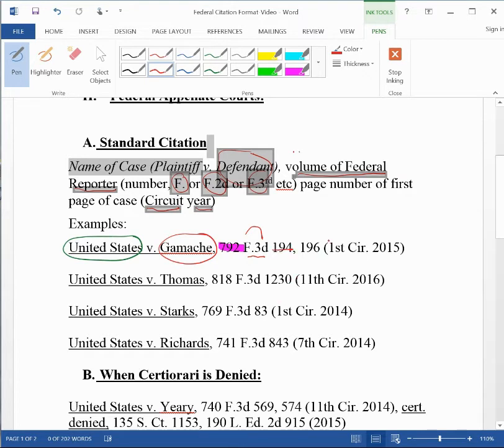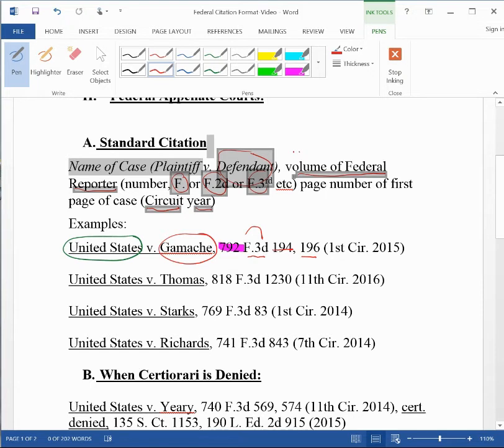And this particular one actually was taken out of the opinion, so there's a pinpoint citation of 196, which is the page on which the citation was found. And then in parentheses we have First Circuit, CIR period, no comma, 2015. And that is the full citation.